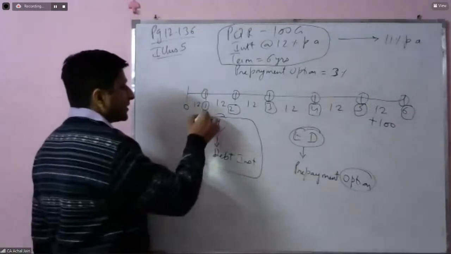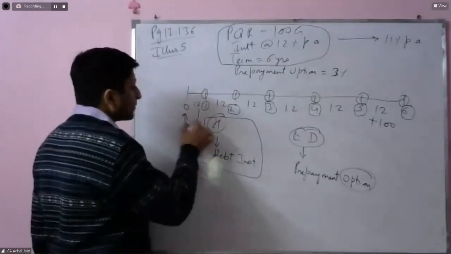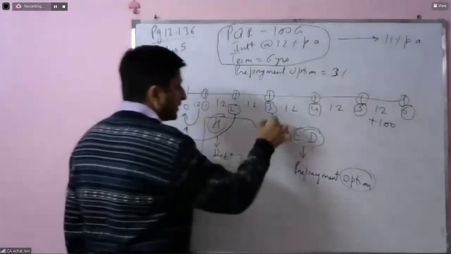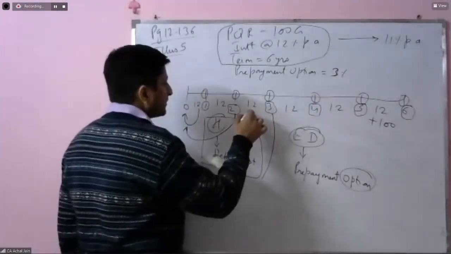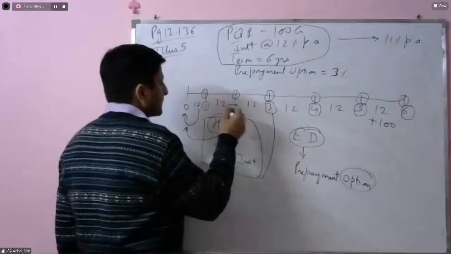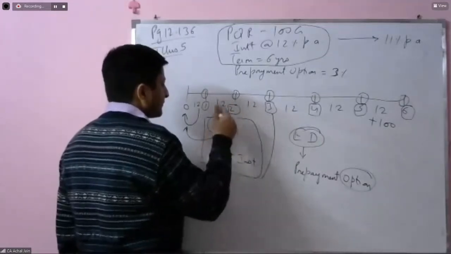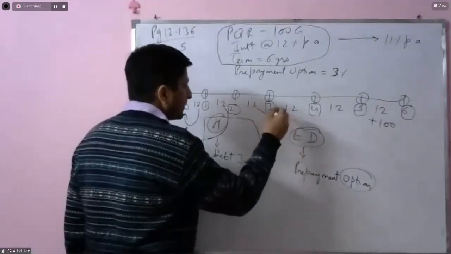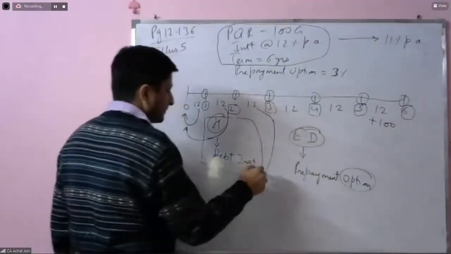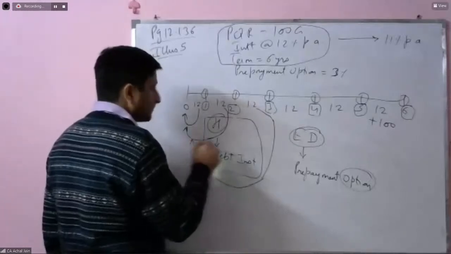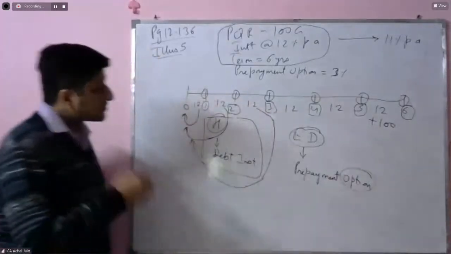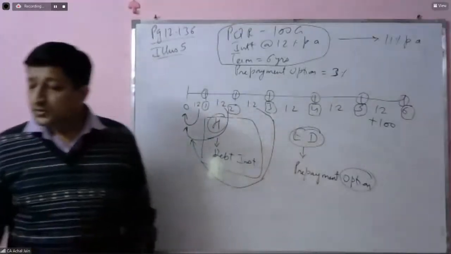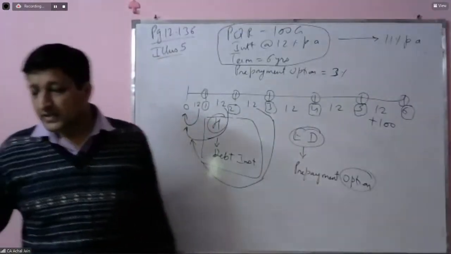So how do we discount all of these cash flows? At 11%. So this will be discounted. Then this will be discounted. Then this one. Then this will be discounted. Correct? So this way, all of these cash flows will be discounted. So you can look at the solution which is given in the study material.